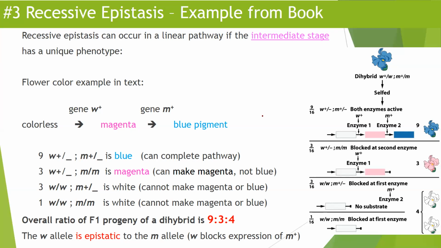So in terms of this, I think our final will be cumulative. And maybe you are going to see some very similar questions in a previous exam or quiz. That's why I highly recommend that if you have time, please review your previous quizzes and exams as well. Okay, so the 9 to 3 to 4 ratio actually represents this recessive epistasis.